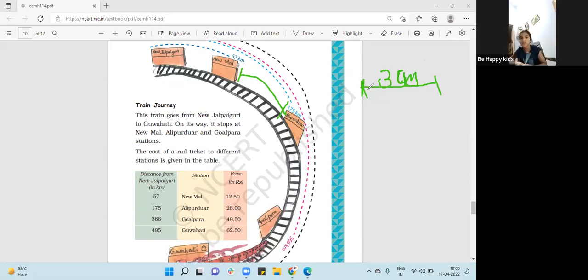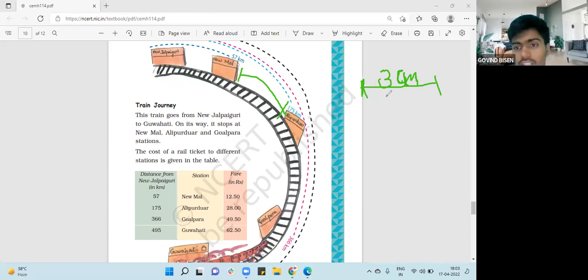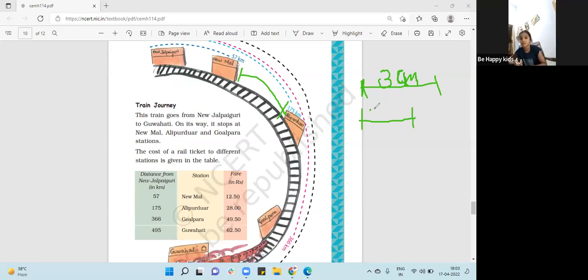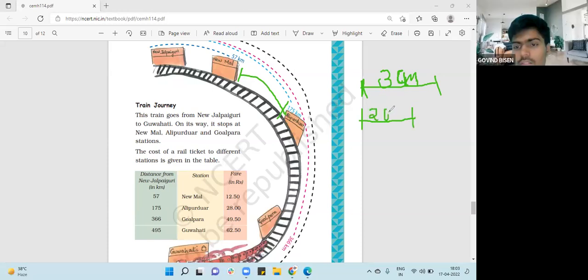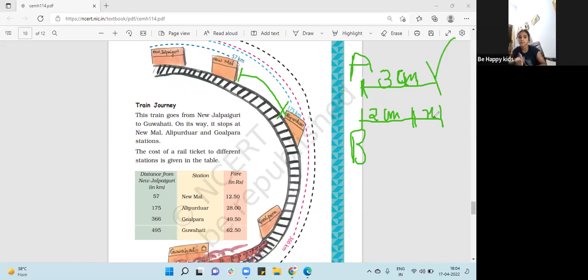So, see, this line is 3 centimeters. Now I make another line, and it is 2 centimeters. I know the length. Now, can you tell me the distance between this line and this line? If line A is equal to line B, these two lines are equal, but I don't know the distance.